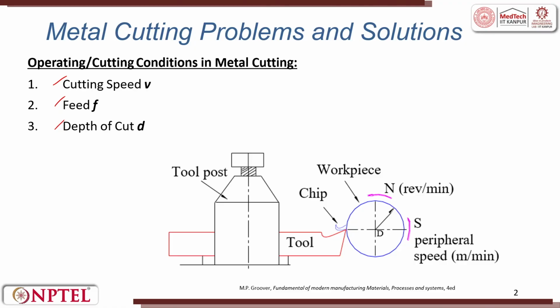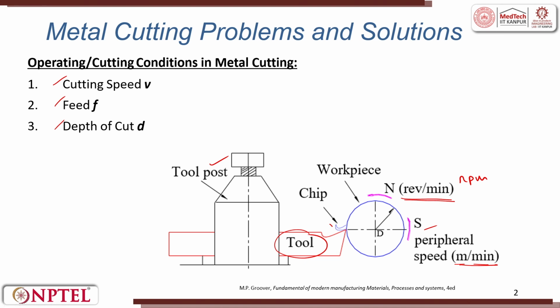So, in a lathe machining setup, you can see this is a tool post that is holding the tool and the tool is cutting. This is how the chip is coming out, and this is revolutions per minute, that is the rotations RPM, and S is the peripheral speed, in meter per minute. So, this is RPM, this is meter per minute that is given here.